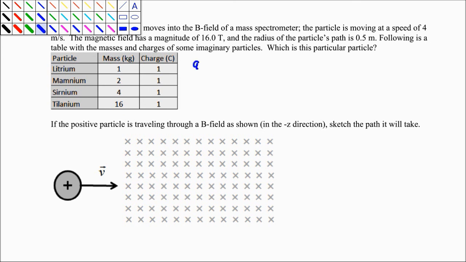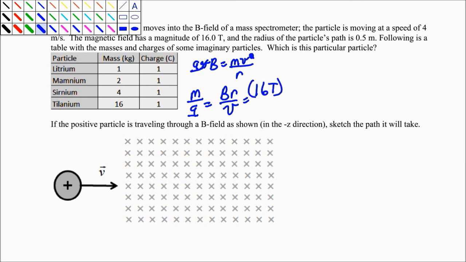Oh, I know that QVB equals mv squared over r. Now I want to solve for the mass to charge ratio of this particle. Let's see, one of these cancels there. M over Q is Br over V. B is 16 Tesla. By the way, these aren't real numbers, I just made them up to make it easy.